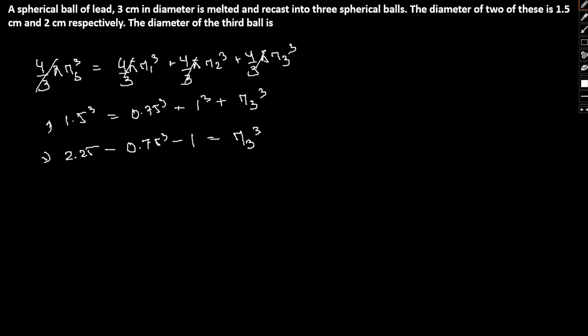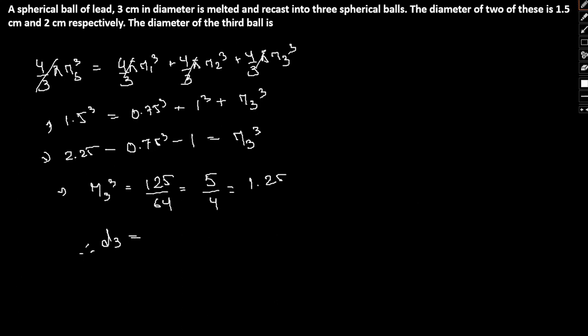Okay, so if we further solve the same, what we have is r3³ equal to 125/64, which can be written as (5/4)³, 5 by 4, which is nothing but 1.25.